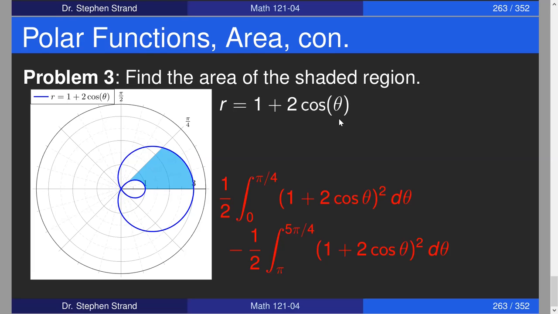And again, the big difference is graphs in polar we think of as going from the origin out to some radius rather than x and y coordinates. And then the last thing that I expect you to be able to do is set up integrals to calculate the area of shaded regions. And the tricky thing there is figuring out the angles that sweep out these things. And the rectangular graph is usually pretty helpful for that.